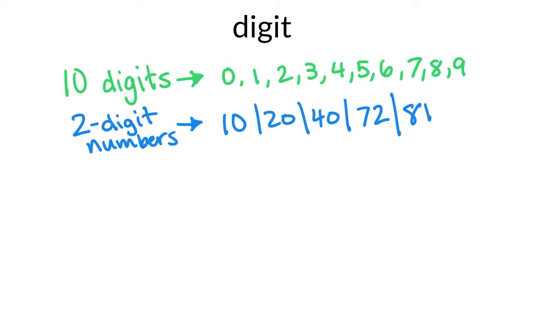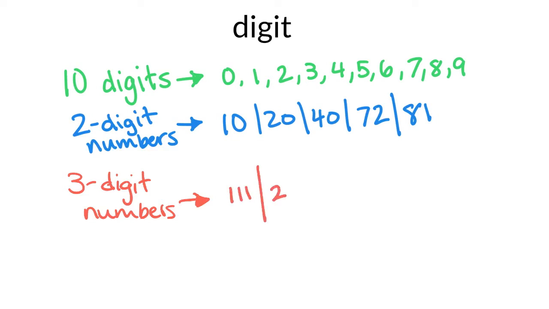Those are both digits. We also have 3-digit numbers, like 111, maybe 231, and maybe 462. These are 3-digit numbers. There's 1, 2, 3 digits. 2 is a digit, 3 is a digit, and 1 is a digit. 4 is a digit, 6 is a digit, and 2 is a digit.